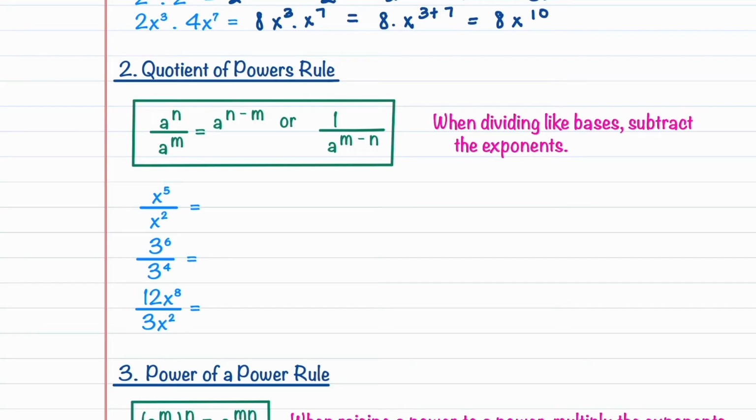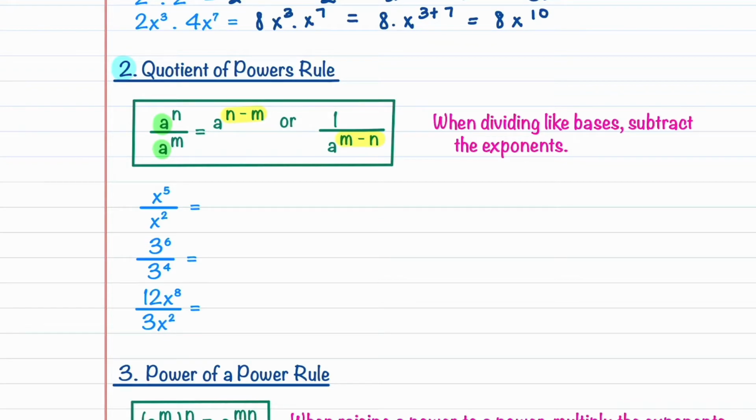The second law that we're going to look at is called the quotient of powers rule. This law tells us that when we are dividing like bases, all we need to do is subtract the exponents. Now, if the power in the denominator is bigger than the power in the numerator, what you do in practice is write the answer as 1 divided by a to the m minus n.